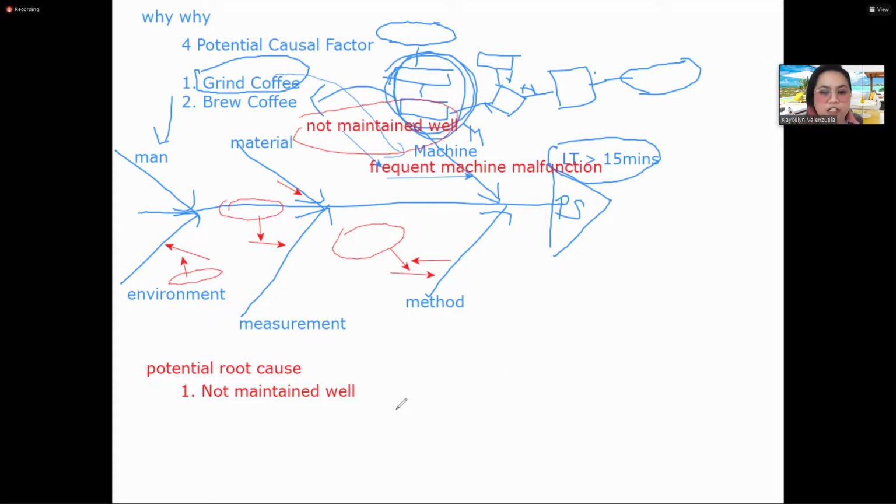So, can be in terms of method. Try natin sa method. In terms of grinding coffee, anong mali or what could have gone wrong with the method kung bakit the lead time was greater than 15 minutes? Can you share our first why? Ano yung first why natin?